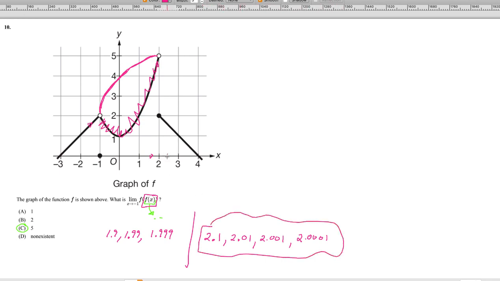So that's from this direction, and now I have to use this piece. As I get closer and closer to 2 from this side, I'm going to be getting closer and closer to 2 along y. That would mean that this limit, as I approach -1 from the left, approaches 5, but as I approach -1 from the right, it approaches 2. And that would mean that the limit would not exist in that case.